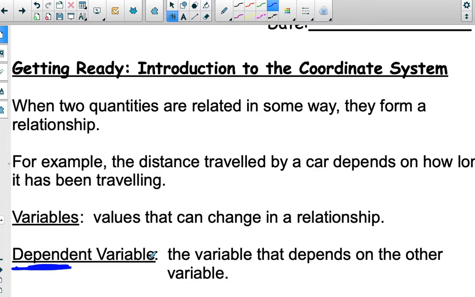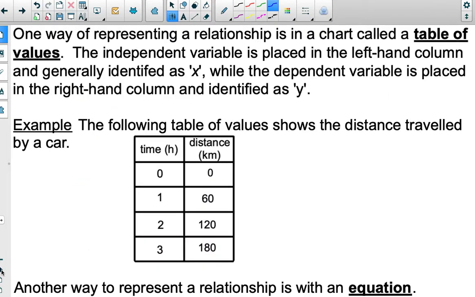It's not like I go out and buy a pair of shoes that are size 10 and make my feet conform to them, or my foot size changes because of that. My shoe size changes based on my feet growing. So shoes depend on feet, feet don't depend on shoes. So the dependent variable is the variable that depends on the other one. And therefore the independent variable is the one that stands on its own.